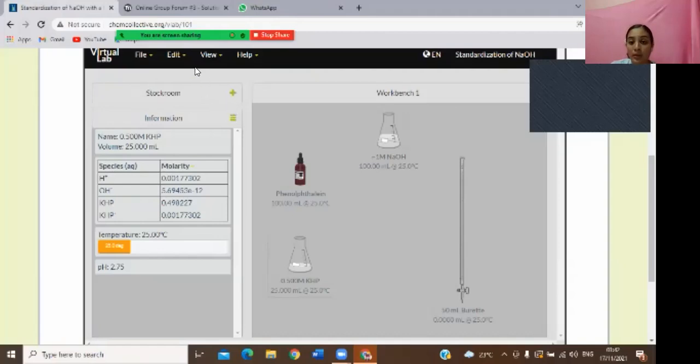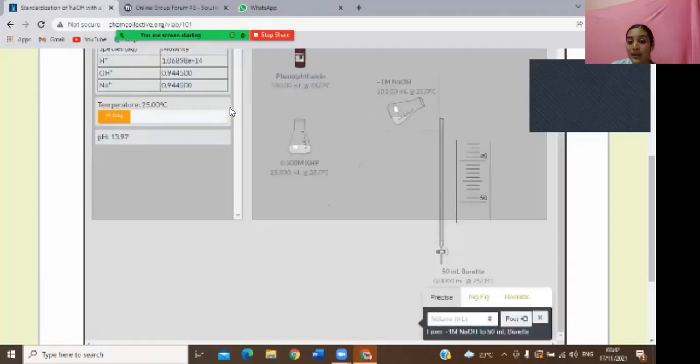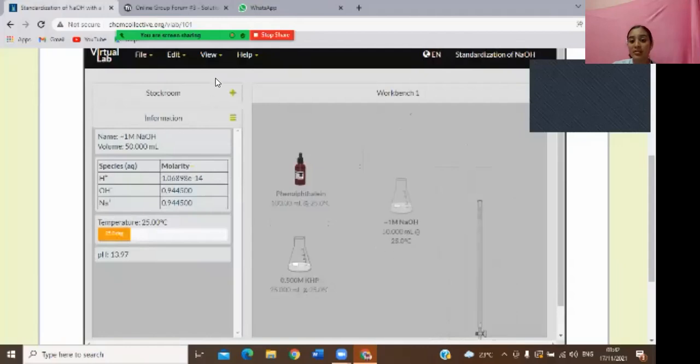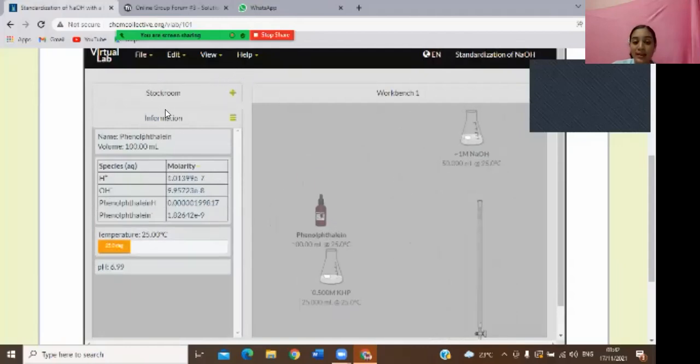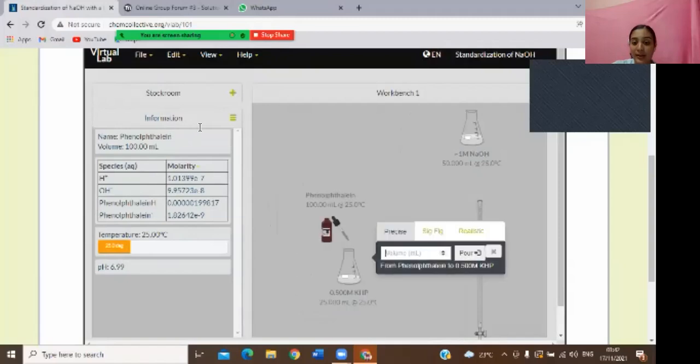So what we're going to be doing is pouring the sample into the burette, and we're going to be adding 50 ml of sodium hydroxide. Once this is done, we're going to add the indicator to the KHP solution.